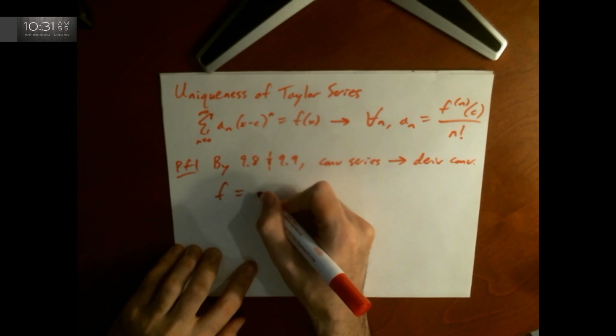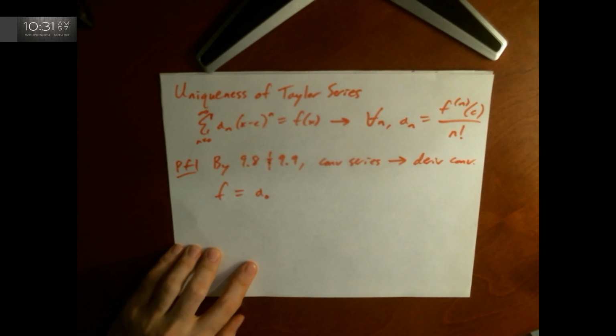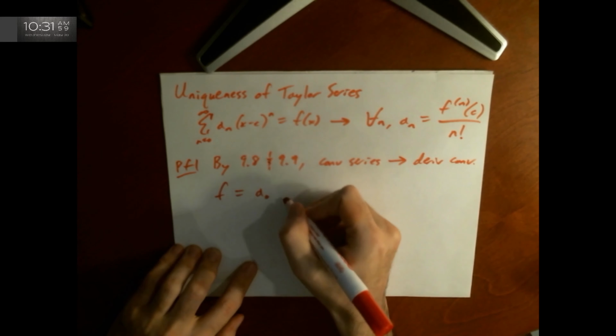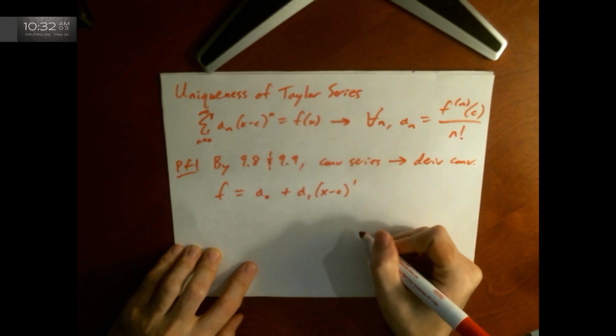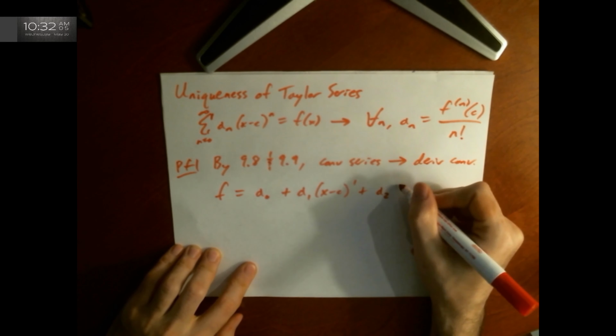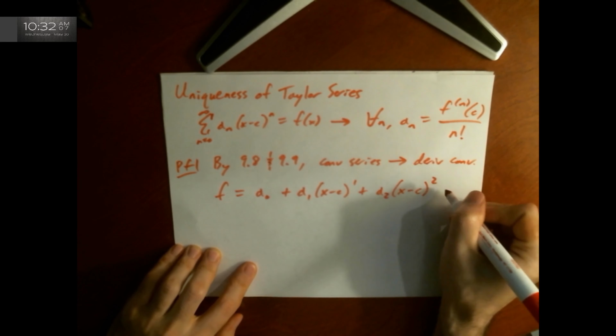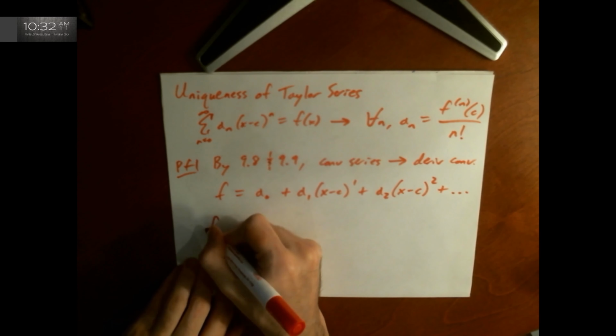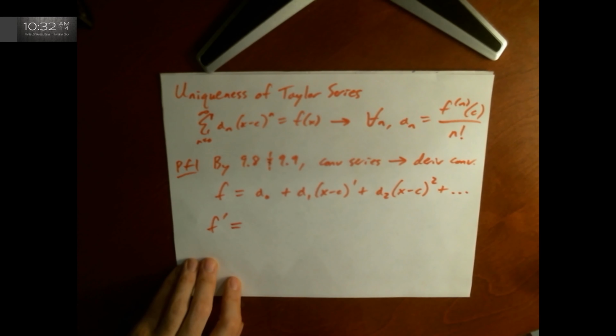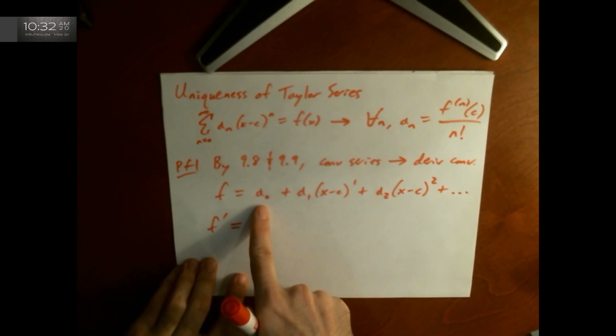At n equals 0, we'd get a sub 0; x minus c to the 0 goes away. At n equals 1, we get a1 times x minus c to the 1. At n equals 2, we get a sub 2 times x minus c squared, etc. So when I take a derivative of both sides, maintaining equality, technically because of properties of limits, we get f prime is, well, the a0 goes away.